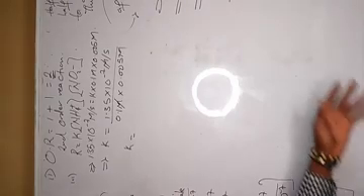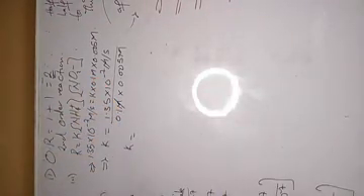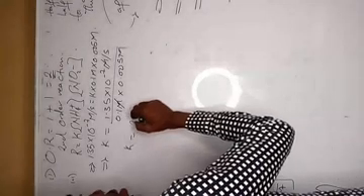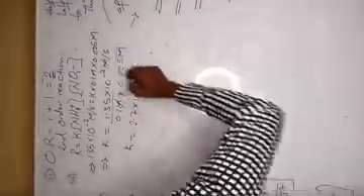The rate constant unit will be per molarity per second, as I've already said before. The value is times 10 to the power of minus 4, per molarity per second.